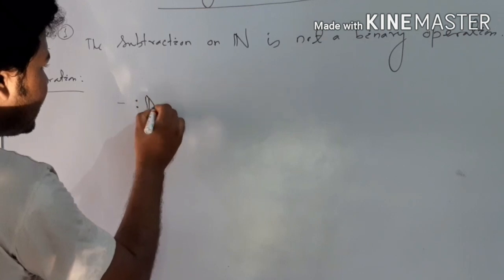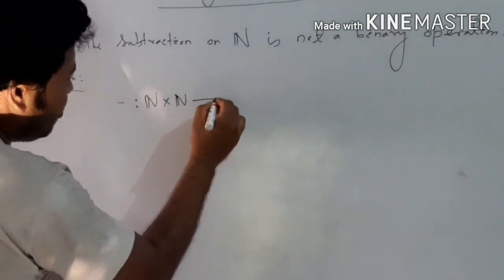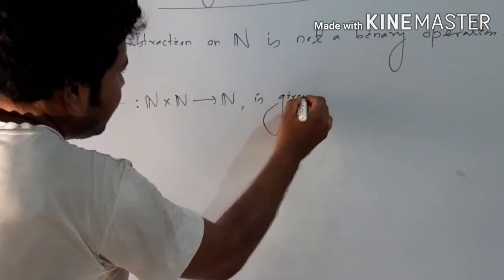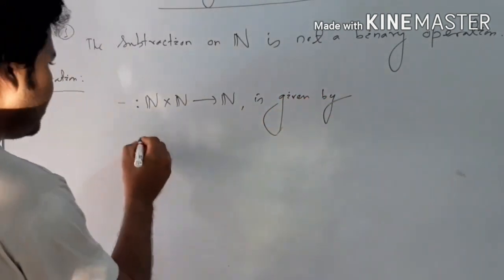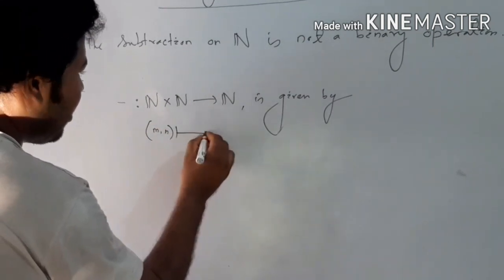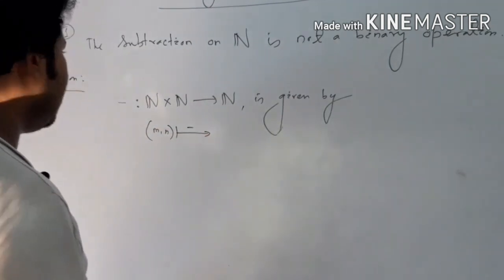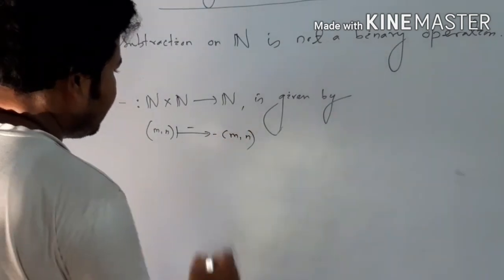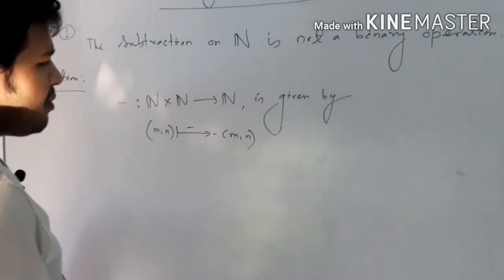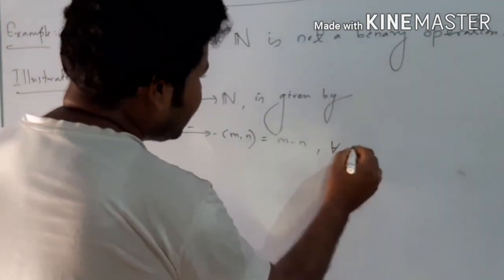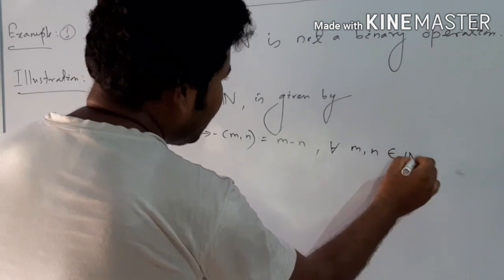Here subtraction is defined from N cross N to N and is given by the ordered pair (m, n) under the operation subtraction will be subtraction of (m, n). This is given by m minus n, and this is true for all m, n belongs to N.